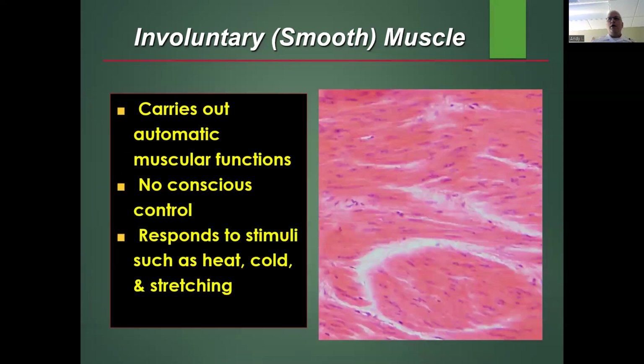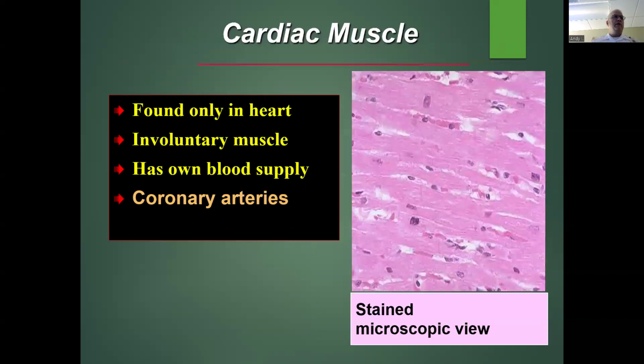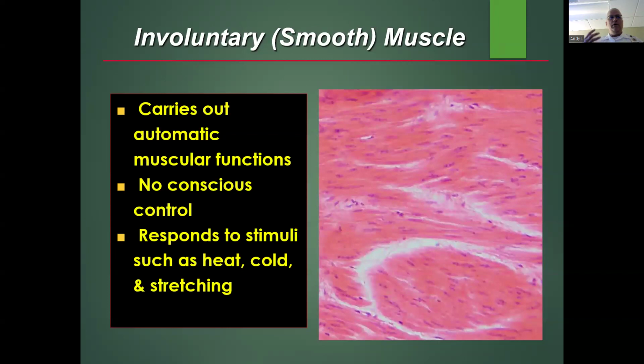So this is the automatic muscular function. There's no conscious control over these, and it responds to stimuli such as heat, cold, and stretching. With a stimulus like ouch, it's hot, you're going to pull away. That's an involuntary movement. That's your body's response. But more so in this aspect, when we're talking about breathing and digestion, that's the involuntary.